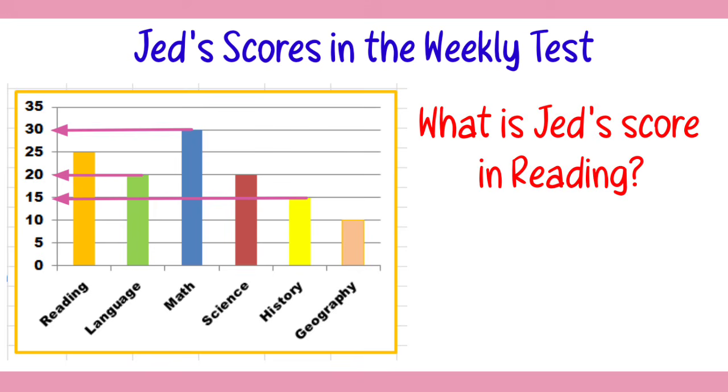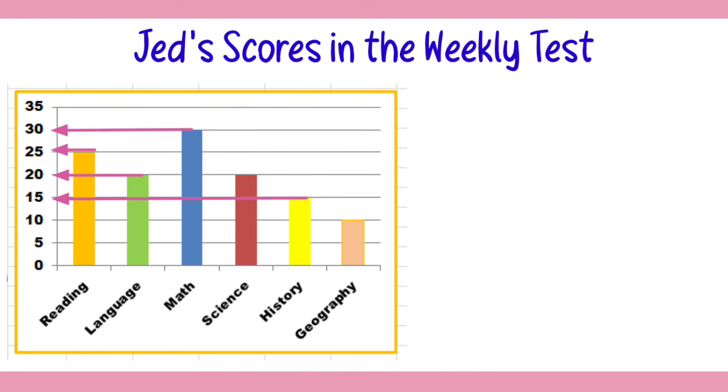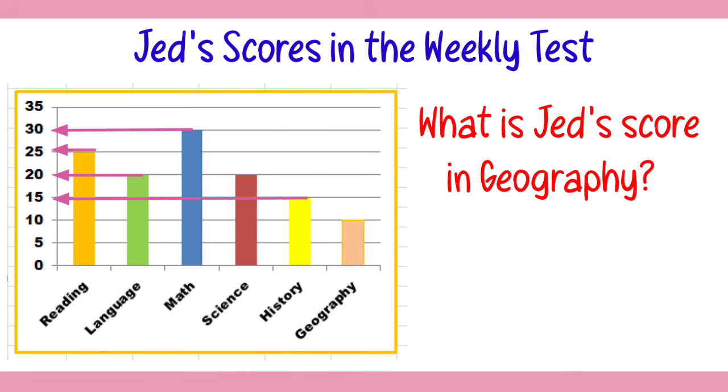Now, what about reading? Here's the bar that represents reading. Its value is 25. So, JED's score in reading is 25. And the last subject is geography. JED's score in their geography test is 10.